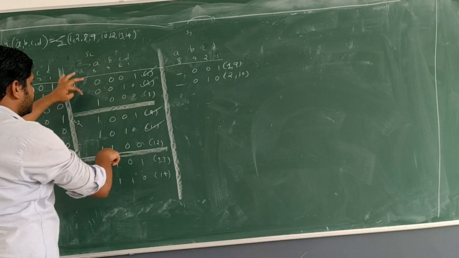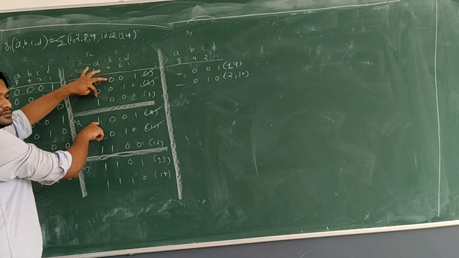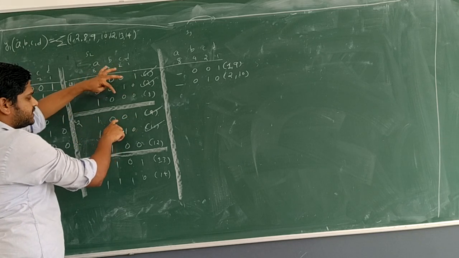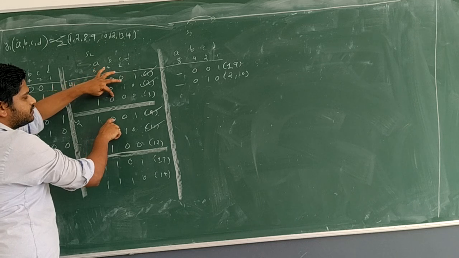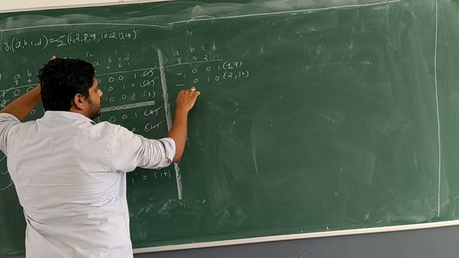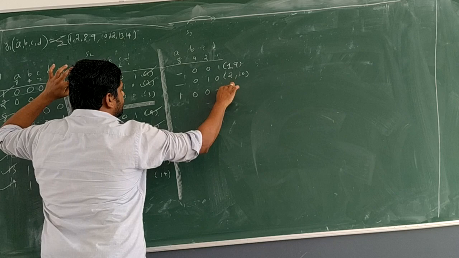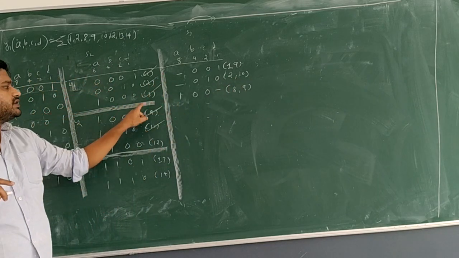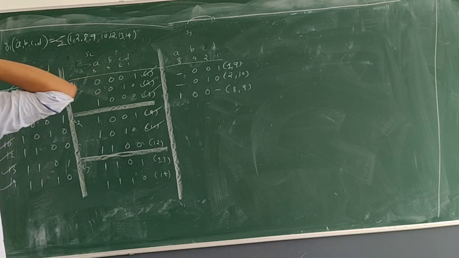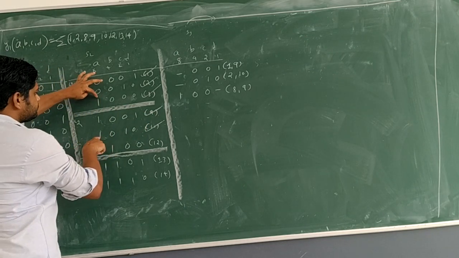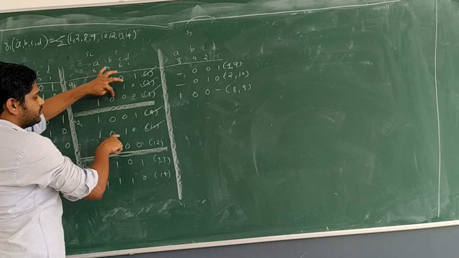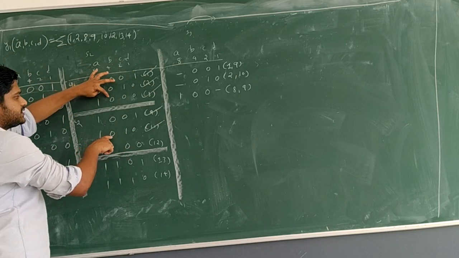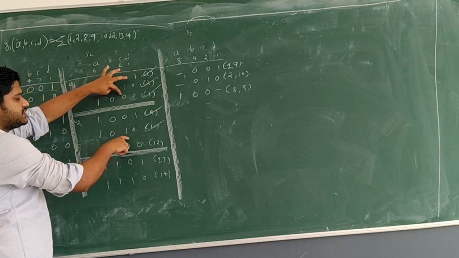So that is 2 with 12. Now 8 with 9: A same, B same, C same, D is different. Hence 1, 0, 0, hyphen. That is group 8, 9. Put a pass mark for 8; 9 is already selected. 8 with 10: A same, B same, D same, C is different.